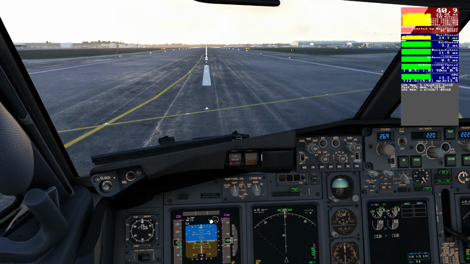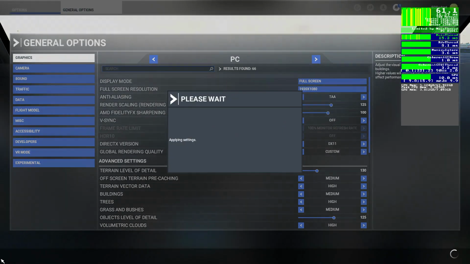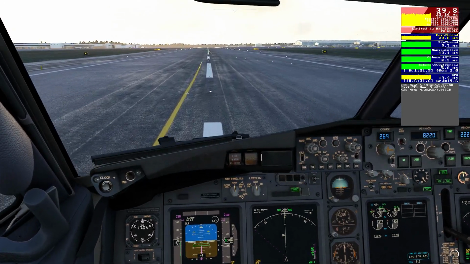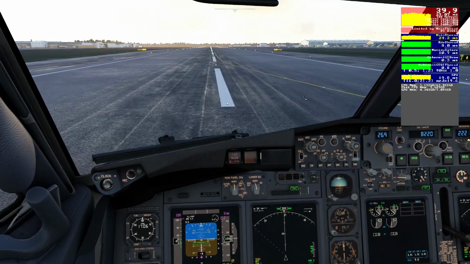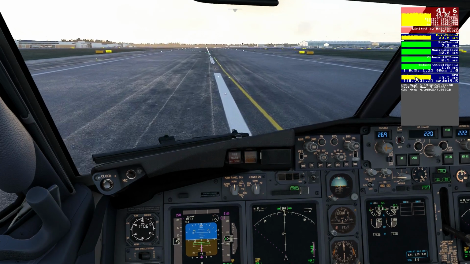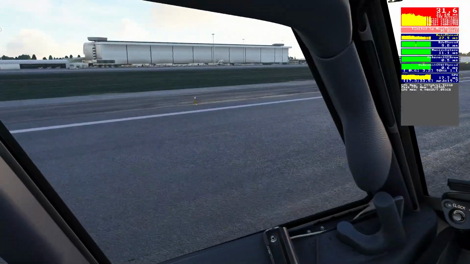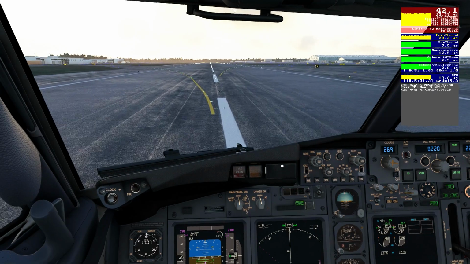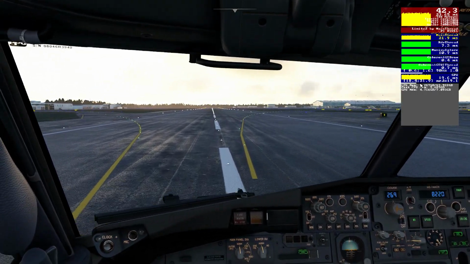Okay, let's do something here. We're at Heathrow. Let's go back to TAA and let's just see if we end up GPU bound. Yes, there is. Look at that. So if you look at the GPU there, now that we're in Heathrow, which is a heavy place, heavy on the system, the GPU is definitely struggling here.